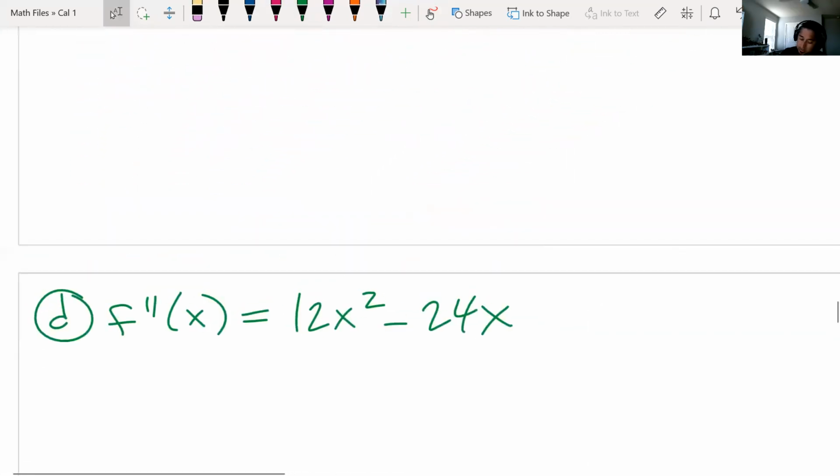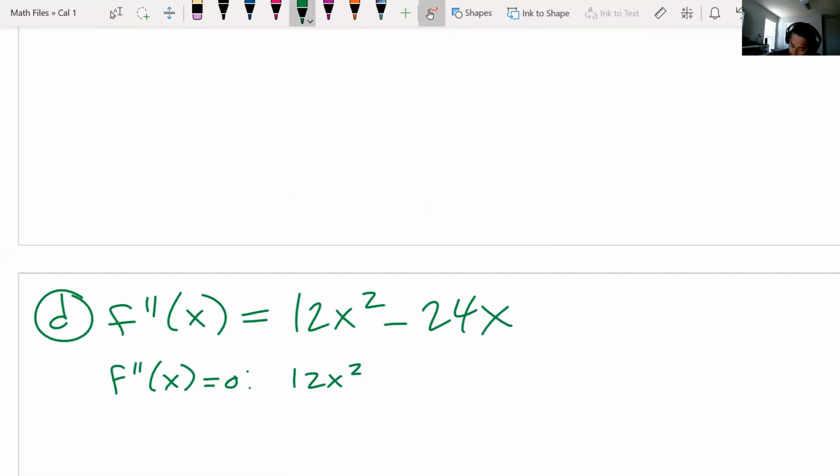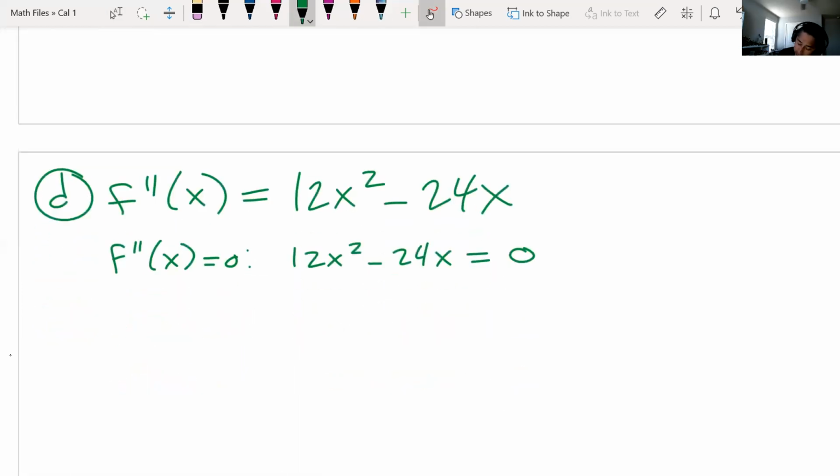Now set this equal to 0, and we get 12x squared minus 24x equals 0. Factor out a 12x, and we get 12x times (x minus 2) equals 0. Solve these for x, and we get x equals 0 and x equals 2.